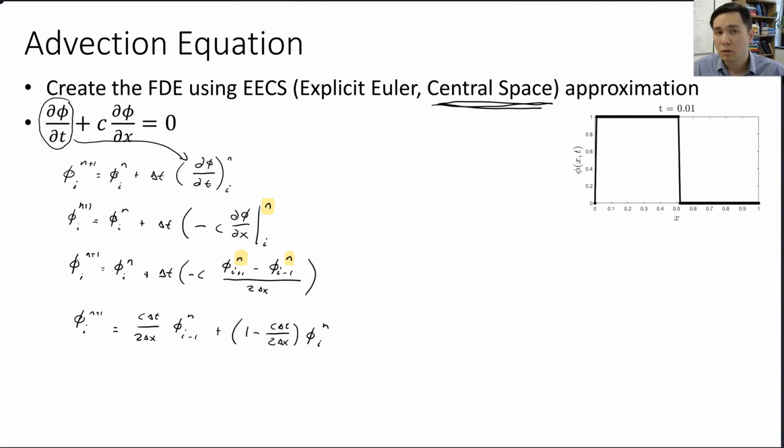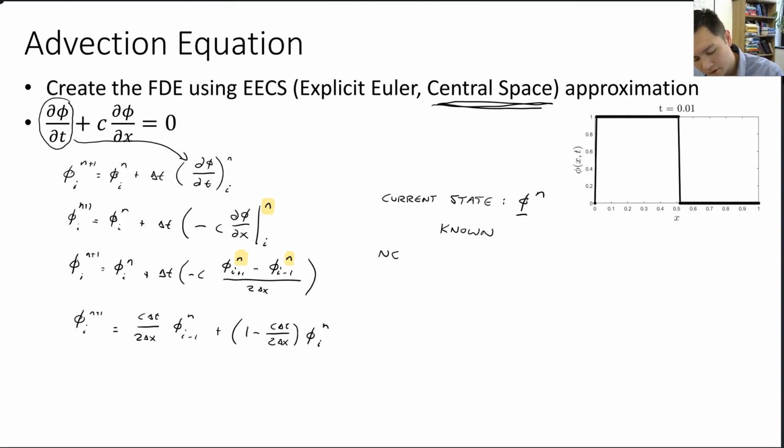So, critically, we're going to assume that we know our current state, which we'll label as our phi n vector, meaning that we know the value at all spatial positions at our current time index n. This is known.